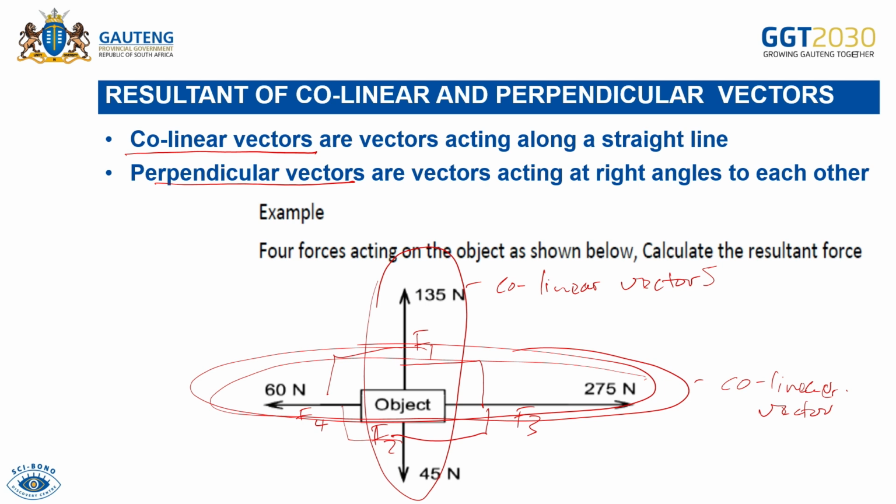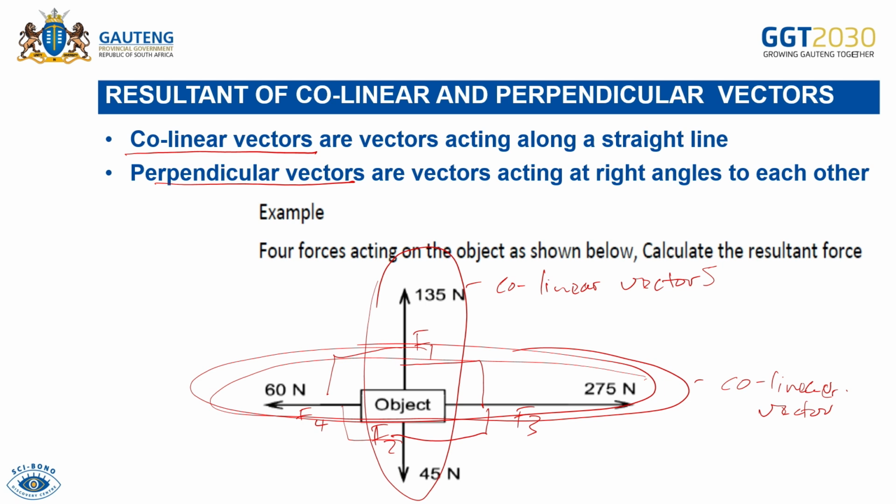That is what we did in grade 10, in term 3, right? So the first thing we need to do is check in your diagram whether we have collinear vectors or forces. We can see we have collinear ones. So first we find the resultant of those collinear vectors, and from there, find the resultant of those perpendicular vectors.